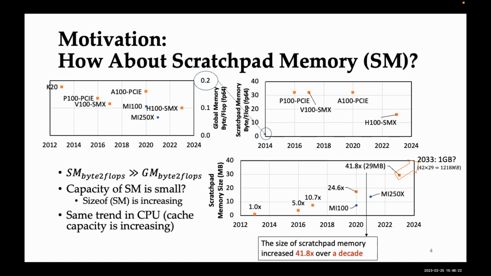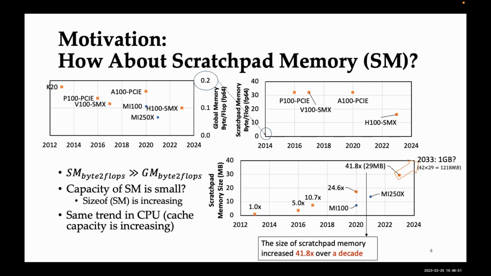Anyway, so what about Scratchpad memory, or as NVIDIA calls it, shared memory? As you can look here, on the figure at the top right, Scratchpad memory bytes to flops is just dropping. But what about the figure below on the right? This is the most important figure. This is looking at the Scratchpad capacity in megabytes as you go through generations.